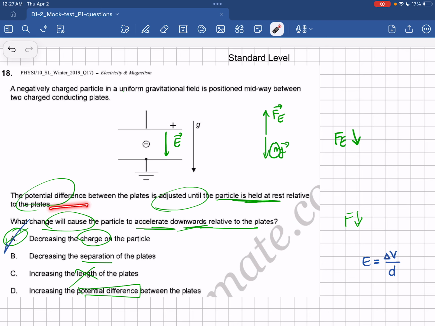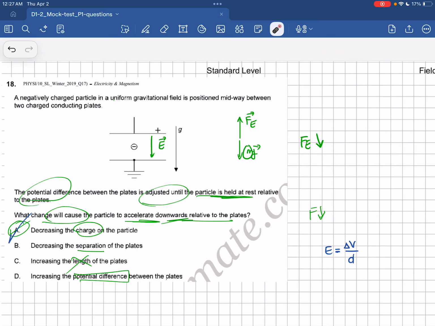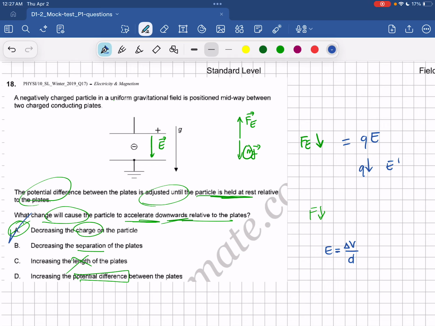The difference is adjusted until at rest, so it means that these two balance out. What change would cause it to move downward? It only moves downward if the Fe decreases. Since Fe equals QE, we need either Q to decrease or E to decrease.